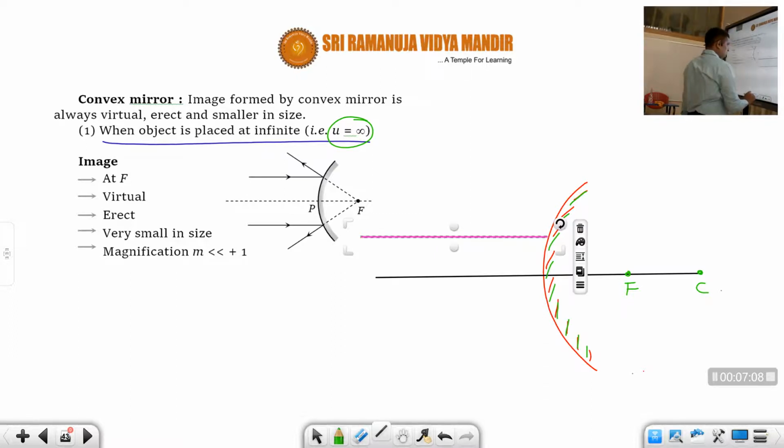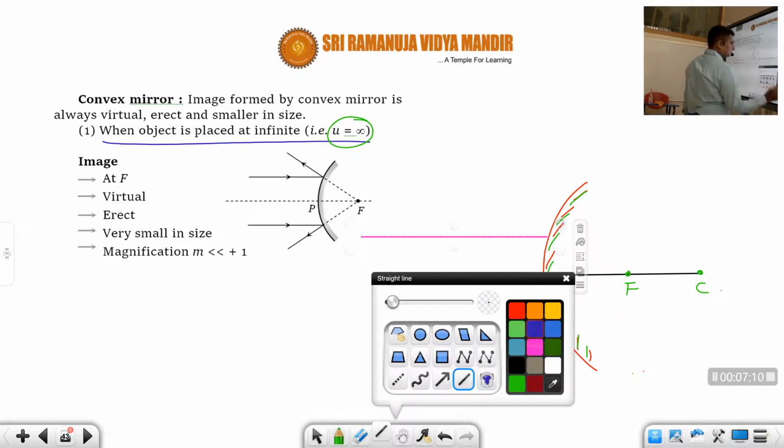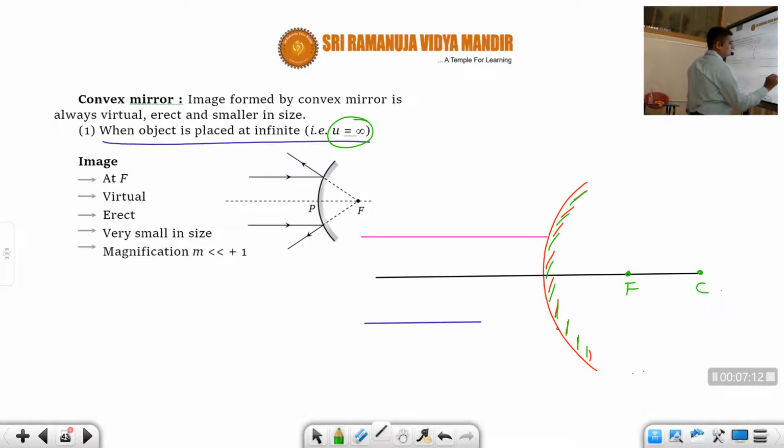This is one ray, and this is another ray parallel to the principal axis. These are the two incident rays which would fall on the convex mirror parallel to the principal axis.